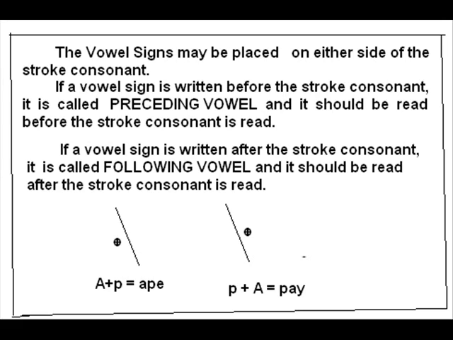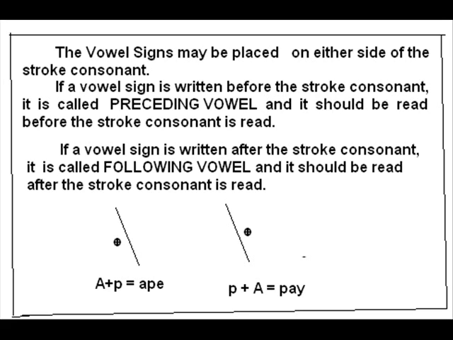Before P, heavy dot is written. That means you will have to read first that heavy dot, A, then P. Up. A plus P. Ape. Like that you will have to read. So this A, if you put before P, it is called preceding vowel.